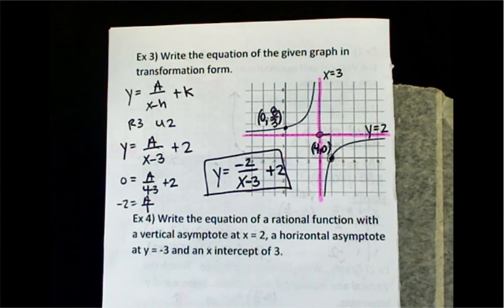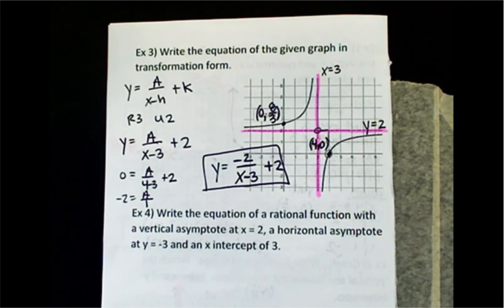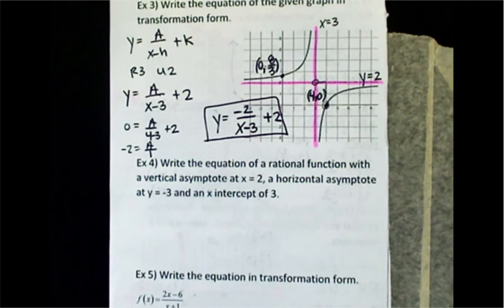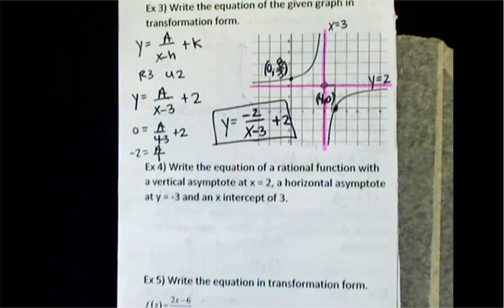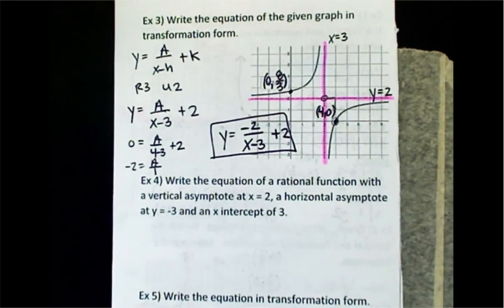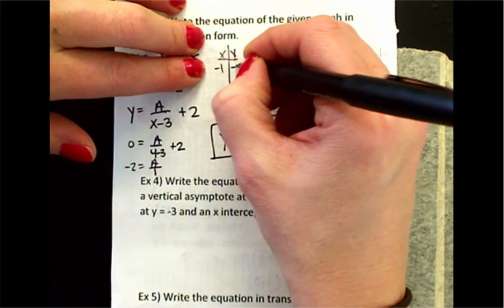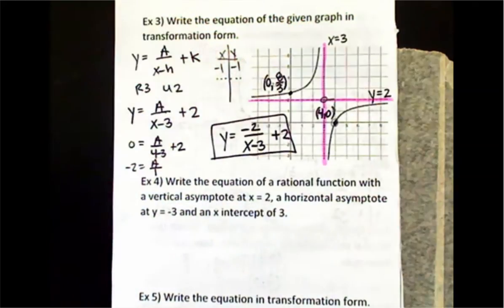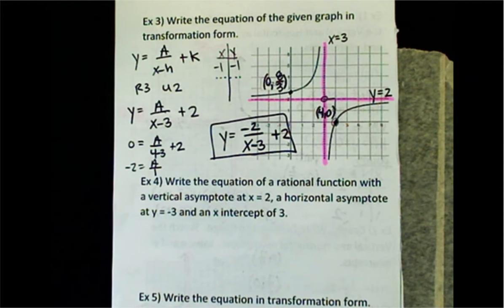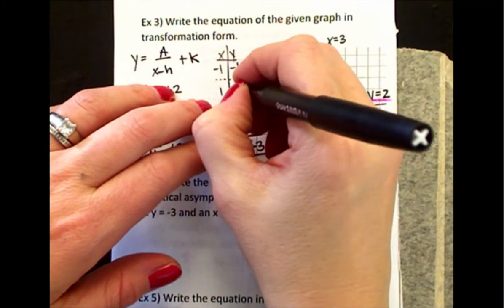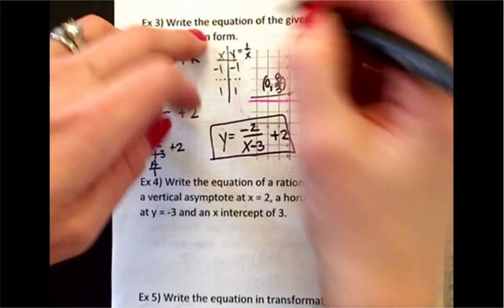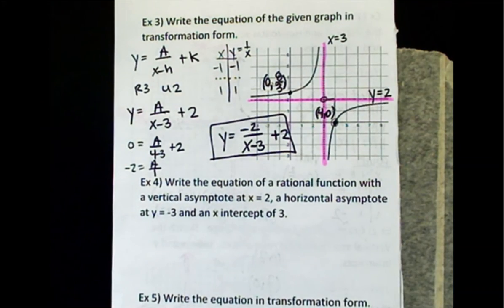Okay. This one was given a diagram. The next one is given a verbal description. Yes? What do you mean by count value? Okay, so for our parent function, I'll jot the counts here. Negative 1, negative 1. I'm not going to write the 0. I'm just going to dot, dot, dot. That means I've got an asymptote right there. 1, 1. Because my parent is 1 over x, so those are the values I get.